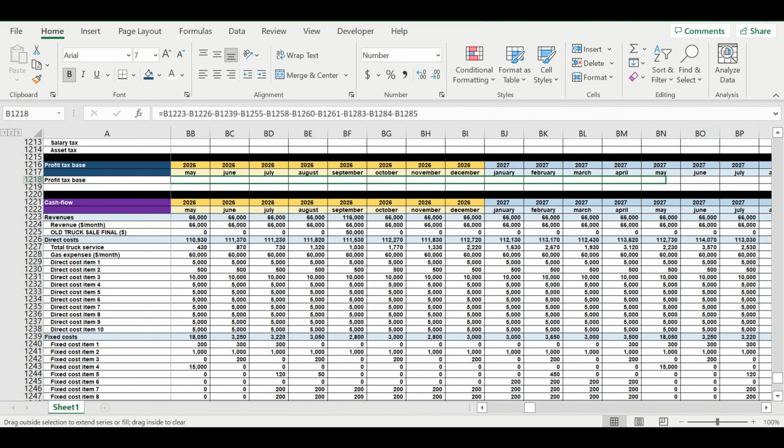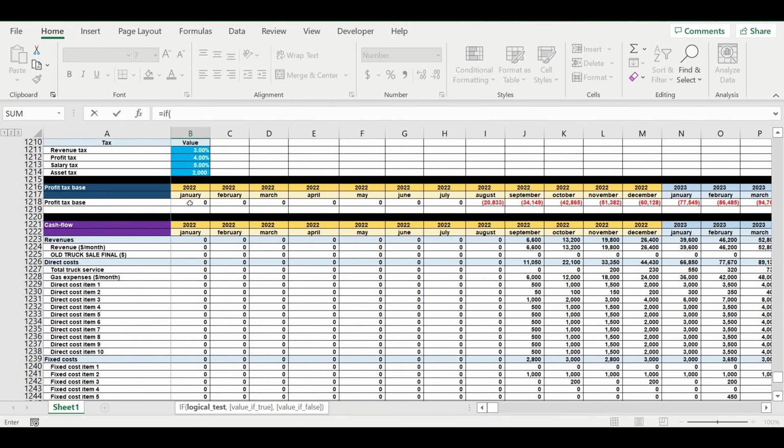Then we calculate the profit tax itself. If the tax base is more than 0, then we pay this tax. Otherwise, 0.